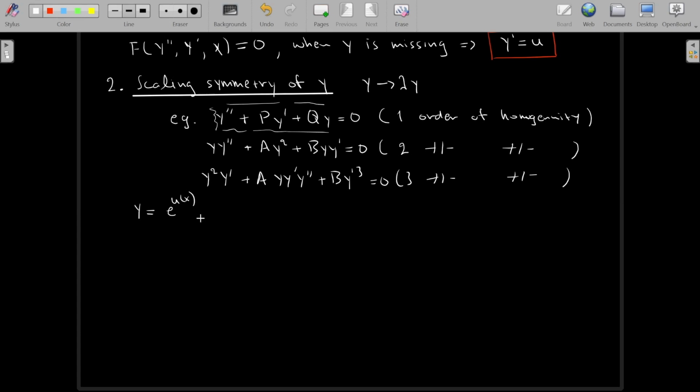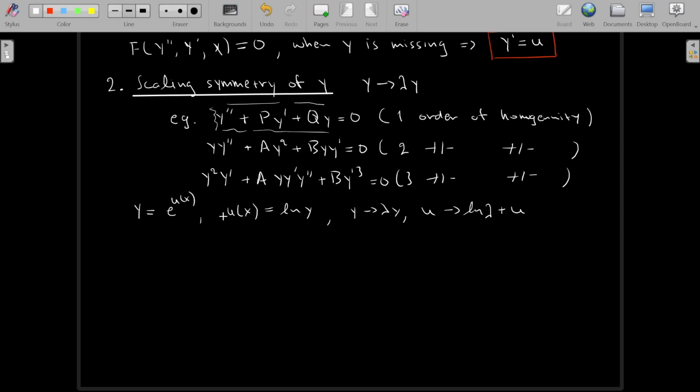And as you can see, this change of variable u of x is just ln of y. So indeed, if you send y to lambda y, then u will be sent to a constant plus ln of y, which is just u.